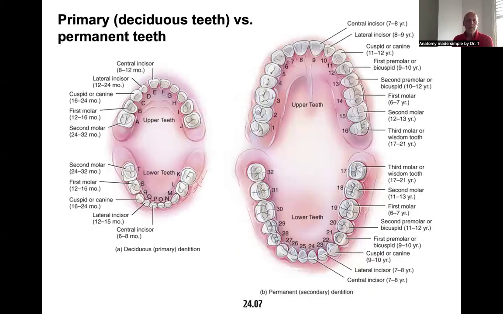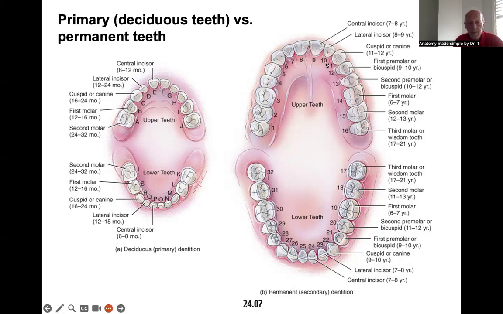As we know, there are two periods in our life that we can name dentition or eruption of our teeth. One affects us when we are basically 6 months old, all the way up to, let's say, 3.5 years old. And during that period of 2.5 years, we're having our first deciduous or primary teeth filling up our maxillae and the mandible.